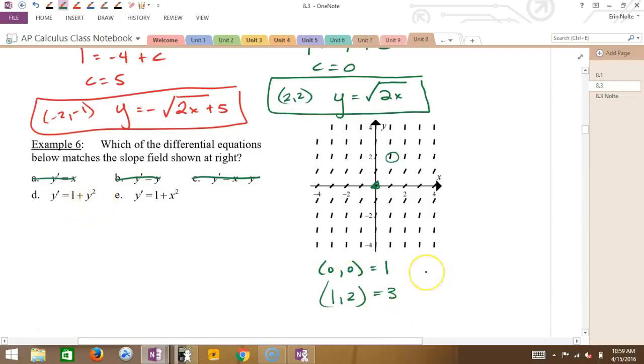I would say that's not bad. Oh, I see, because I'm plugging the y value in, so I'm using the y. So I think this could be 5. I don't know exactly what it is. But let's check if it's this one. If I plug in 1 into here, this is 1 plus 1, which makes 2. I think that this slope is definitely bigger than 2, so I would say it's not that one.